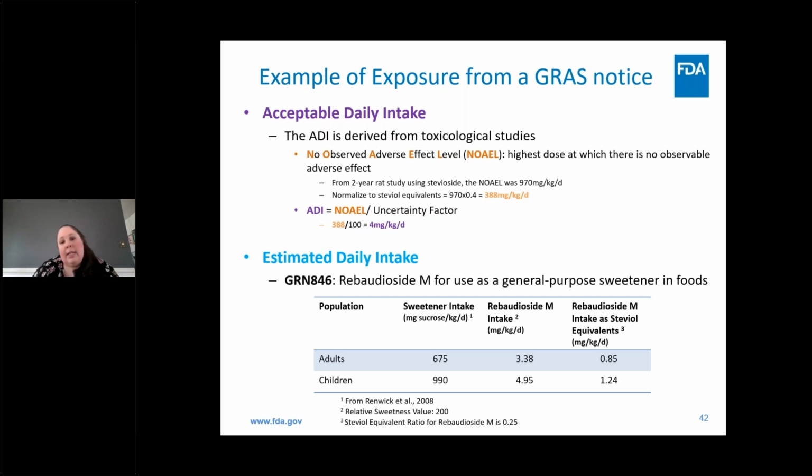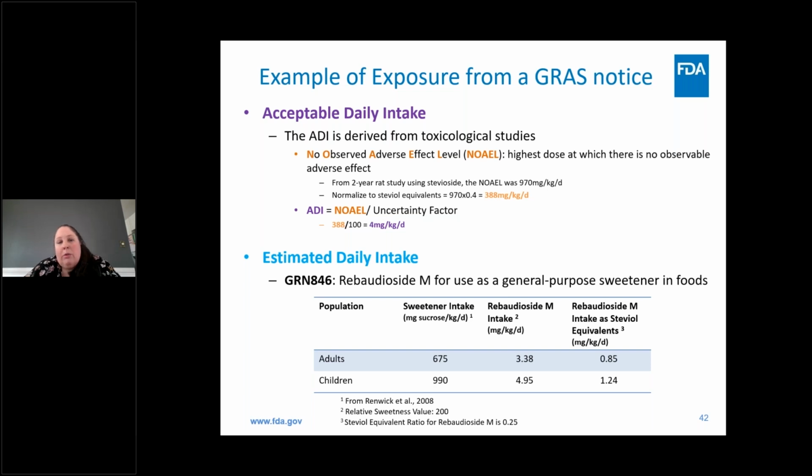And I just pulled an example from a recent GRN, or GRAS notice, for rebaudioside M as a general purpose sweetener in foods. The first column here is taken directly from the Renwick paper, and it shows the intake of sucrose for adults and children on a body weight basis.